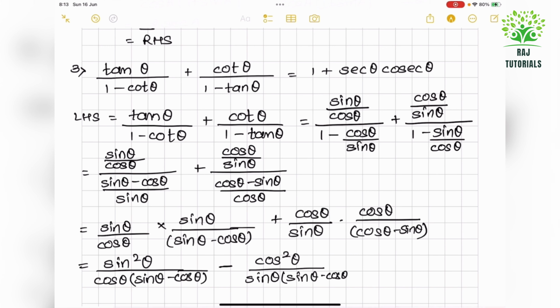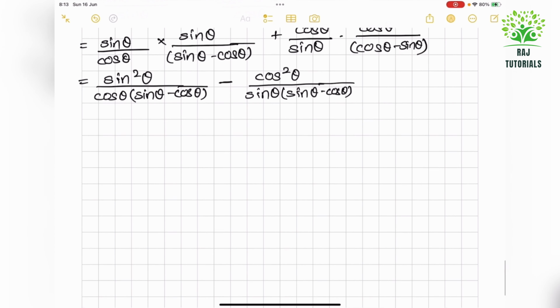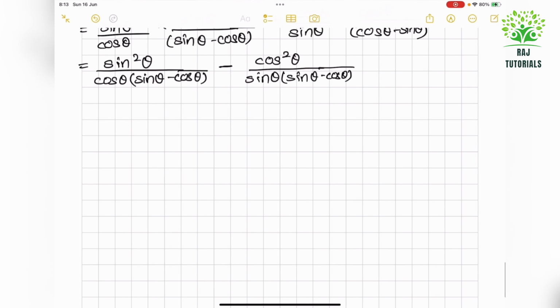So cos square theta upon sin theta into (sin theta minus cos theta). So now making the LCM, I am making the LCM sin theta cos theta into (sin theta minus cos theta).